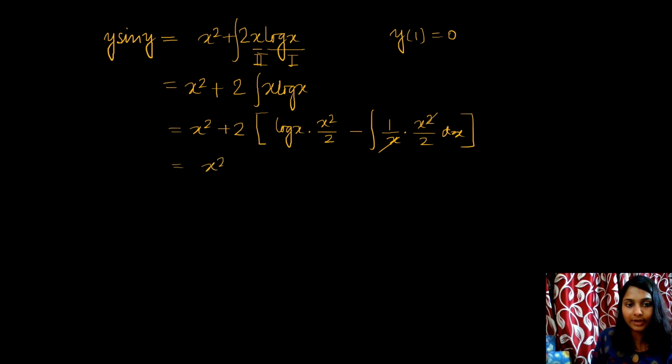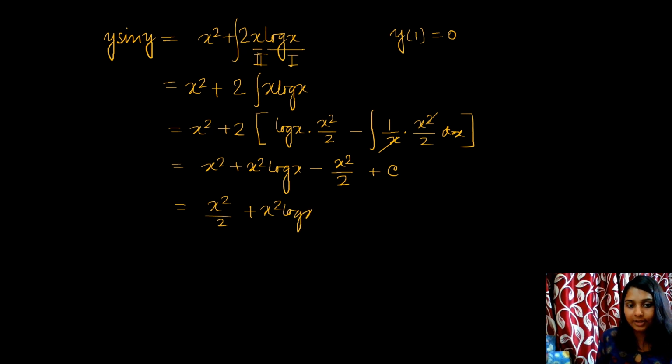Therefore, we have x square plus 2 will get cancelled out. x square log x minus, here also 2 and 2 will get cancelled out, and we have integration x dx, which will give x square by 2 plus c. So we have x square by 2 plus x square log x plus c.